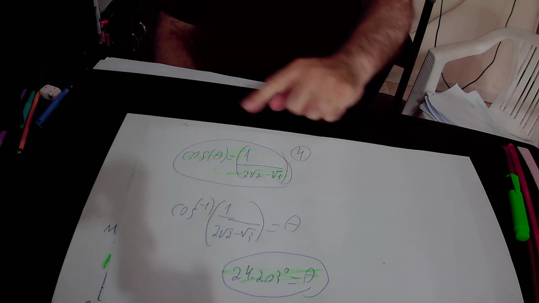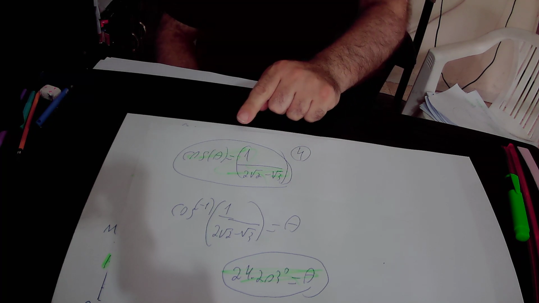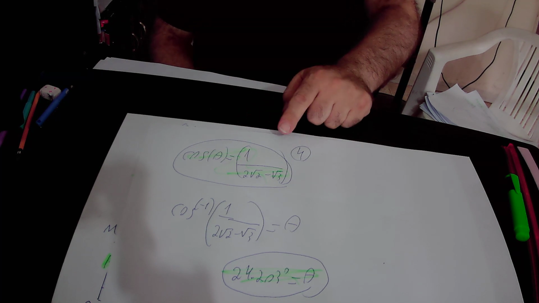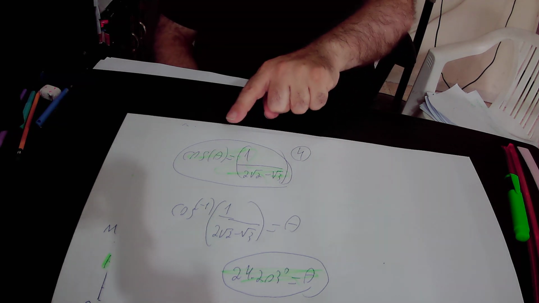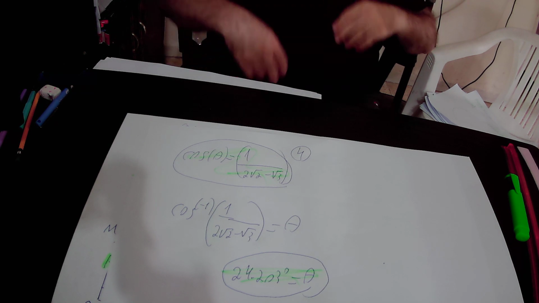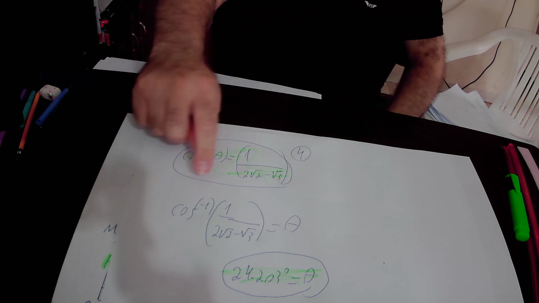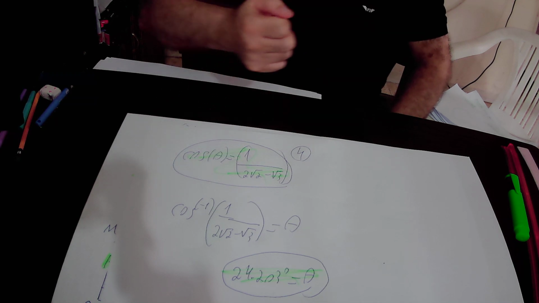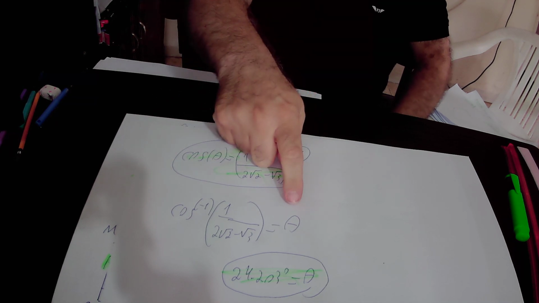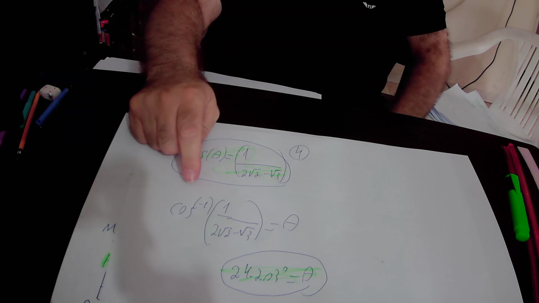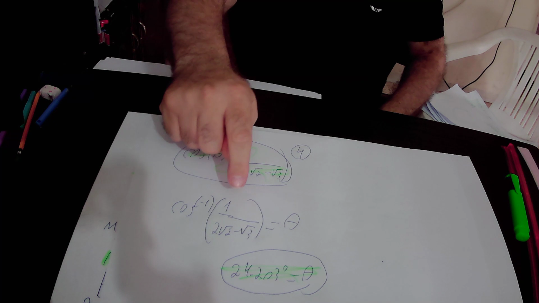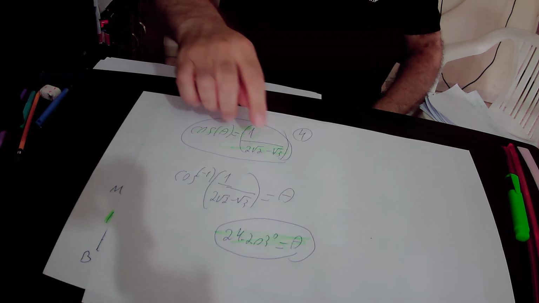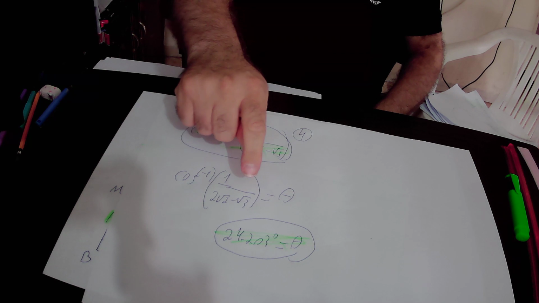Our mission is to find the value of theta itself. In order to find the value of theta from this equation, we will apply the opposite function of cosine, that is cosine minus 1, on the result. In this way we will get the value of theta itself. We operate it on 1 over 2 times square root of 2 minus square root of 3, and we will get that this expression equals 24.203 degrees.